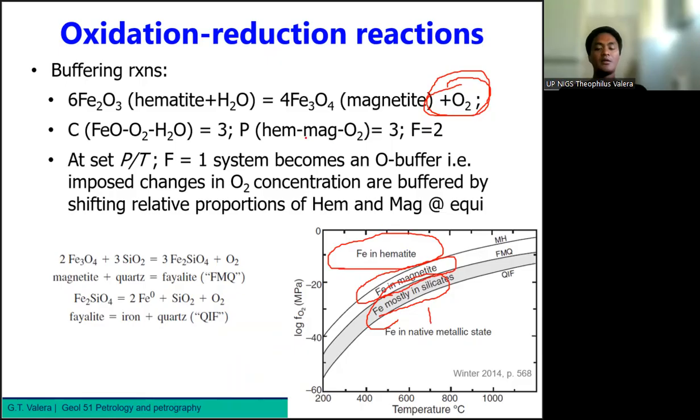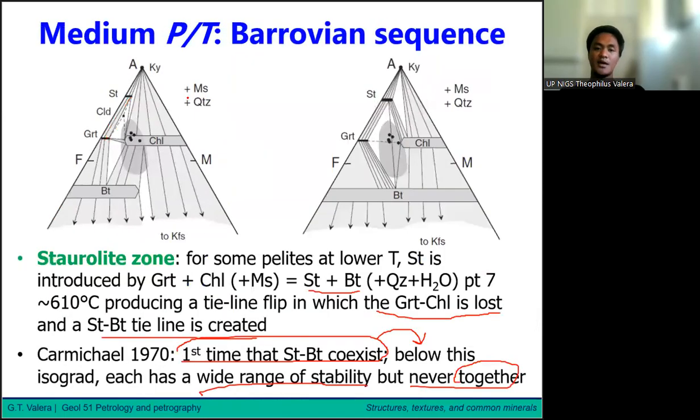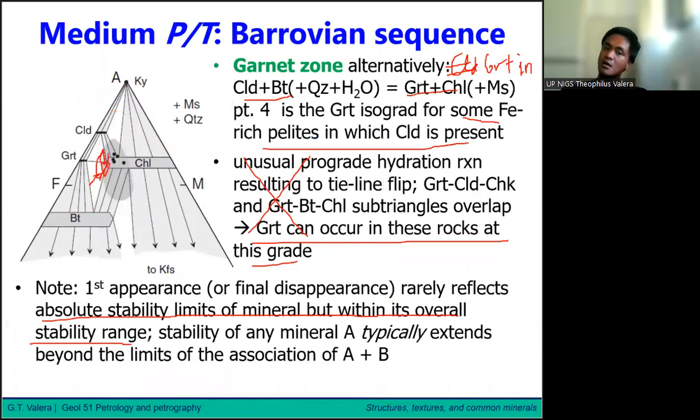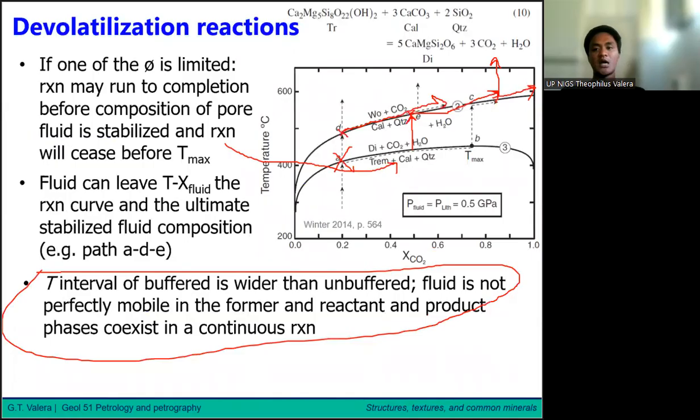Okay? In the examples that I've shown you before, we did not really use these buffering reactions for oxidation redox reactions. But I hope you understood by now the continuous and discontinuous reactions and the devolatilization reactions. Okay? I'll focus on those.